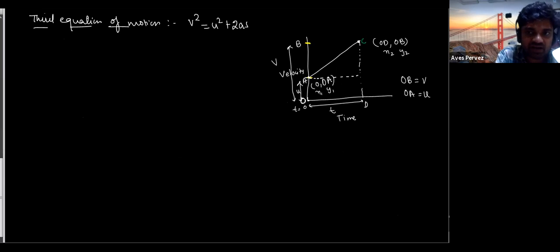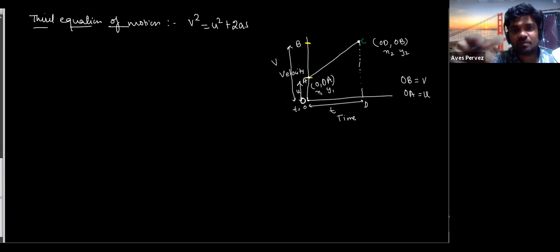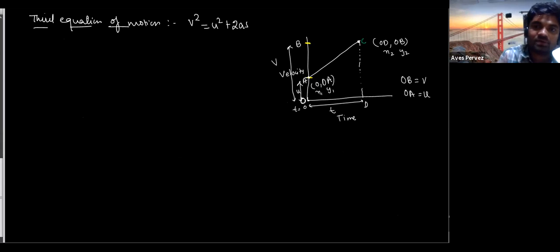But since we are deriving the third equation of motion right now, it is important that we calculate the area as a whole trapezium. This is a simple thing that you need to learn, and it will make our process of deriving the equation easier.